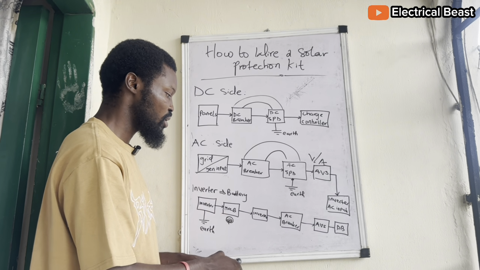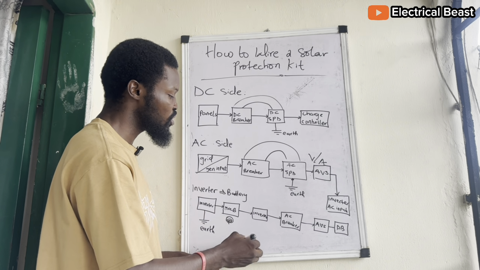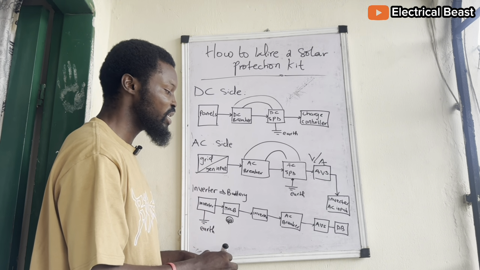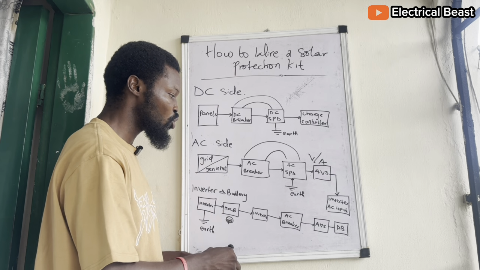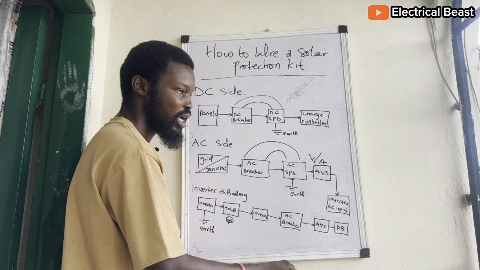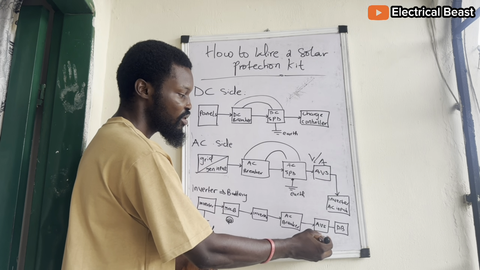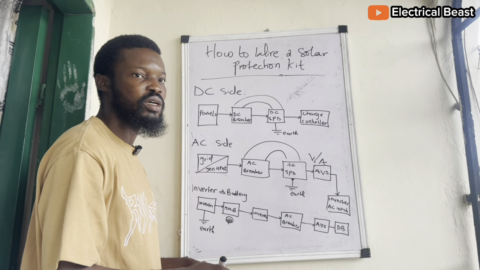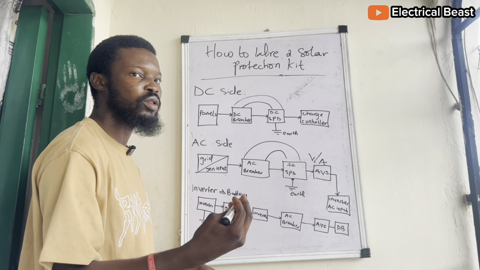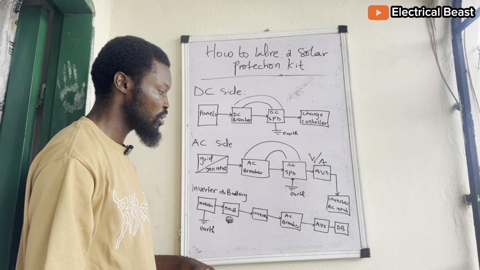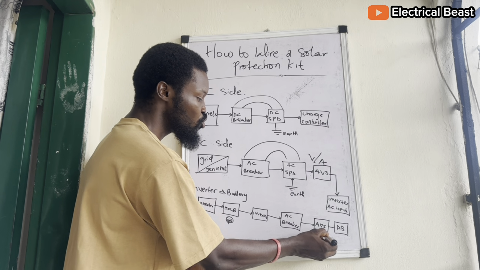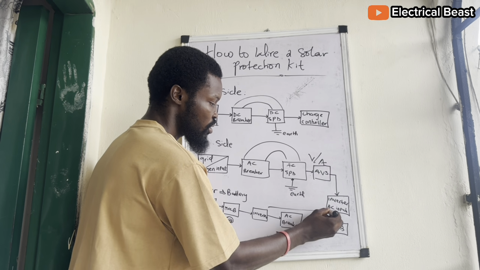From the inverter, in most cases, some persons also use an AC breaker to connect the output of the inverter to an AVS as well, the output AVS. Then from the AVS, also to the DB, where you can connect your entire load or you do separation and all that. Some persons keep these two components out.